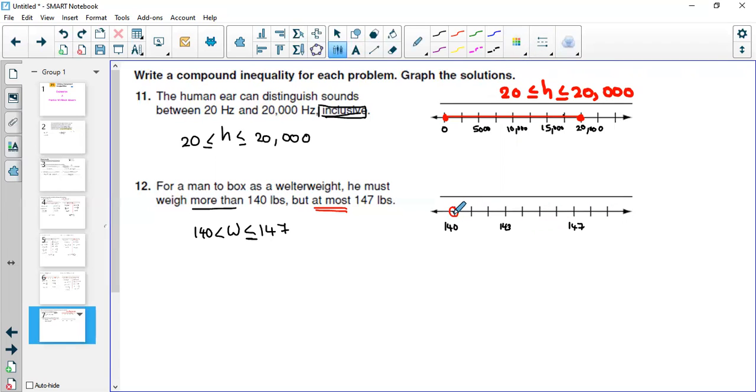You are not going to shade it because it says only less than, and then over 147 you shade or close the circle. Simple as that. Join the line. The weight could be anywhere between 140 and 147, but it cannot be 140. It should be more than 140 but less than or equal to 147.